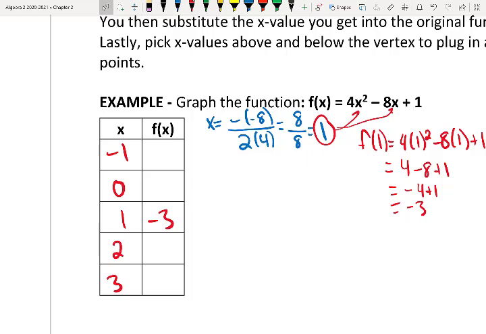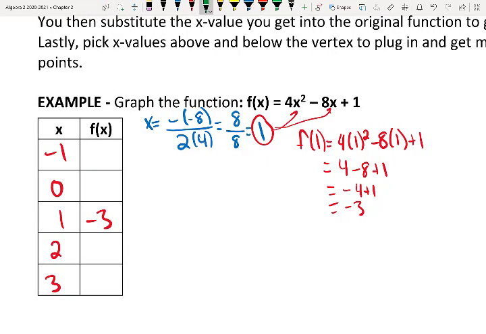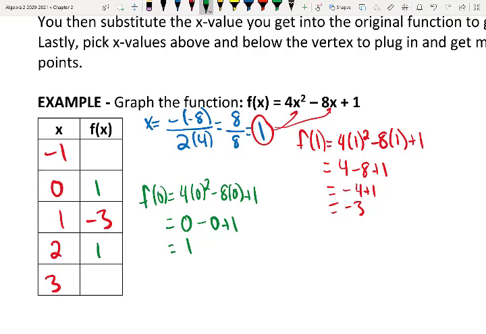Because if I plug 0 in to my function, f of 0 becomes 4 times 0 squared minus 8 times 0 plus 1, which is just 0 minus 0 plus 1. So positive 1 is my output when your x is 0. Which also tells me that 2's output is also 1.